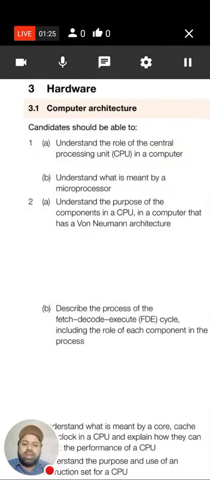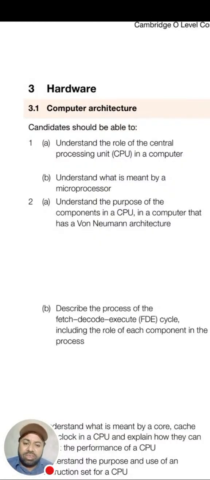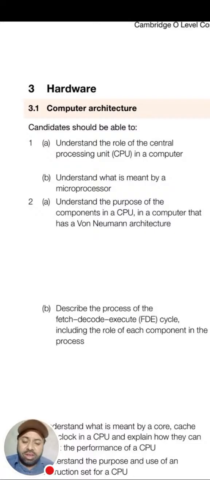Yes, it's hardware. Computer architecture 3.1. The candidate should be able to understand the role of the central processing unit, the CPU, in a computer. It's very important. The CPU processes data. It takes data from memory, which is RAM, and cache memory, and registers.